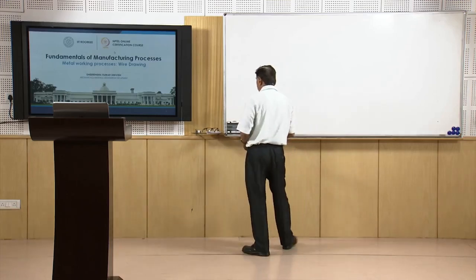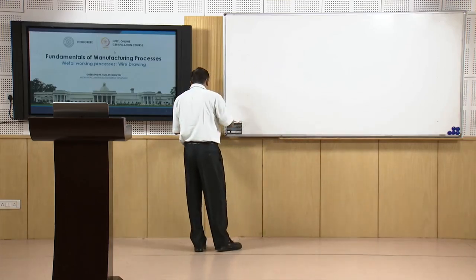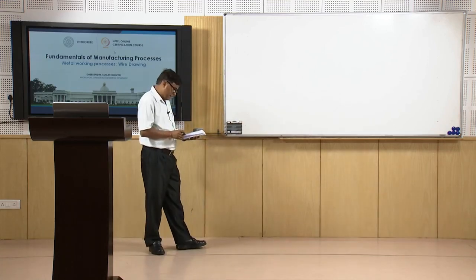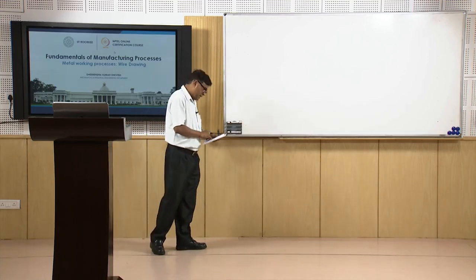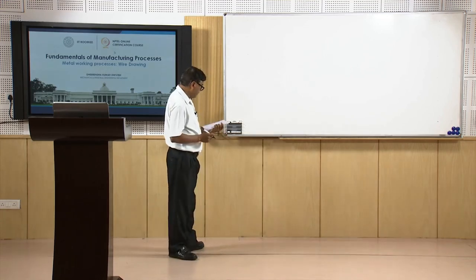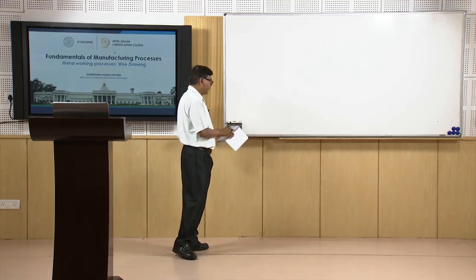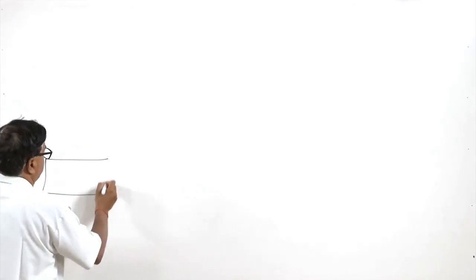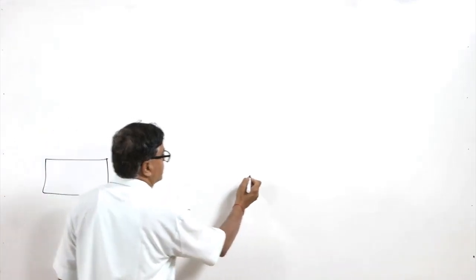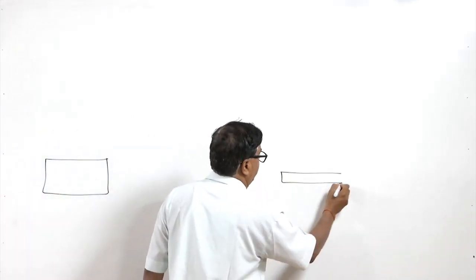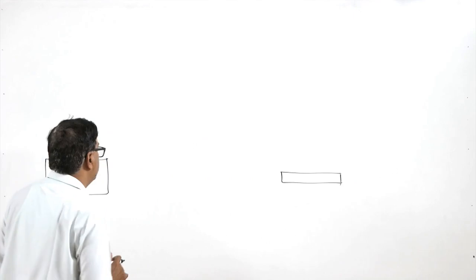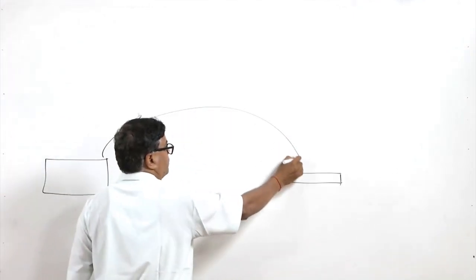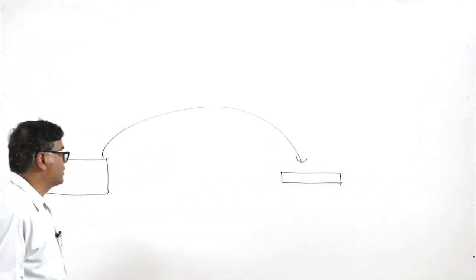Now we'll look at some analysis aspects related to residual stresses, and how the drawing is actually achieved. If the diameter is very large and the final dimensions desired are very fine compared to the initial one, then the transformation from the large diameter to the small diameter in one go is not actually possible.